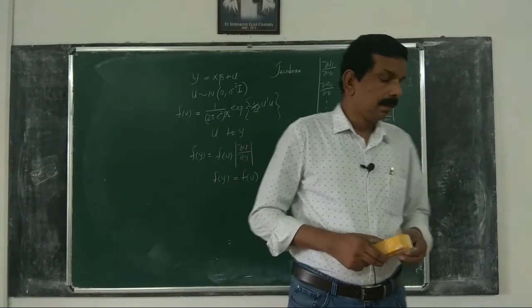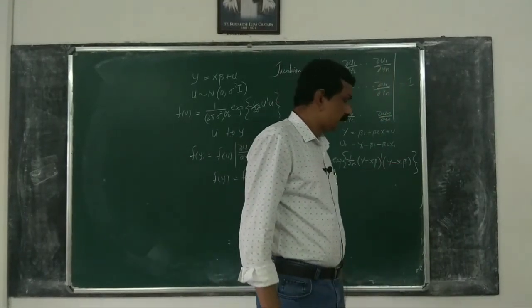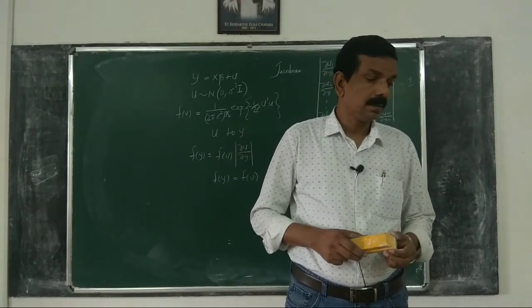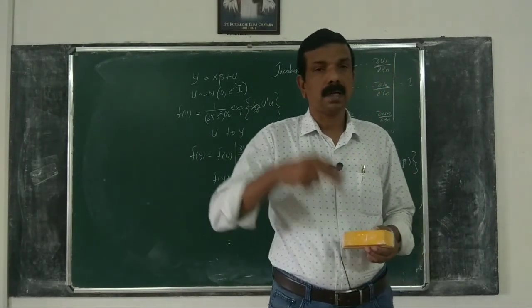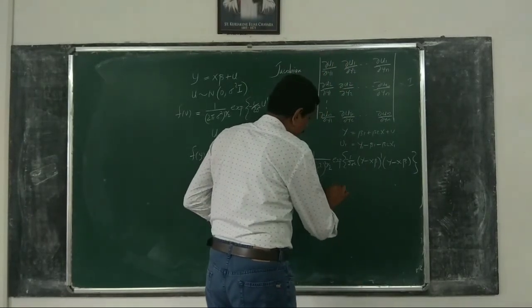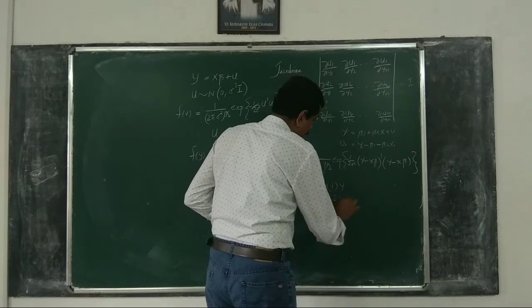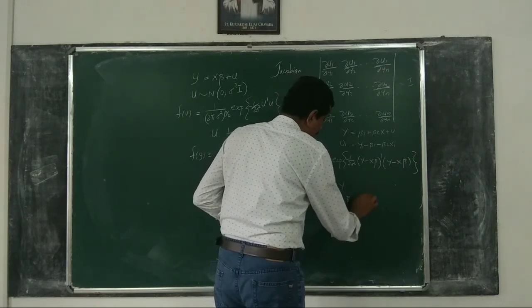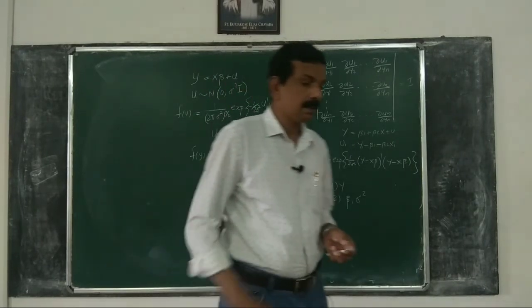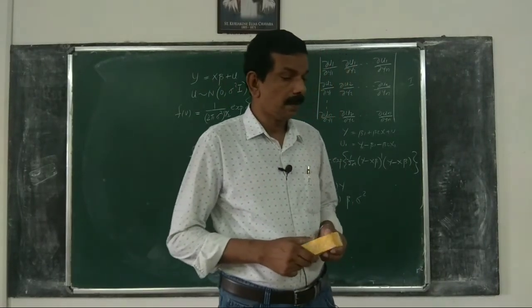Now, this equation involves observations on y, as you can see, and also the unknown parameters beta and sigma square.